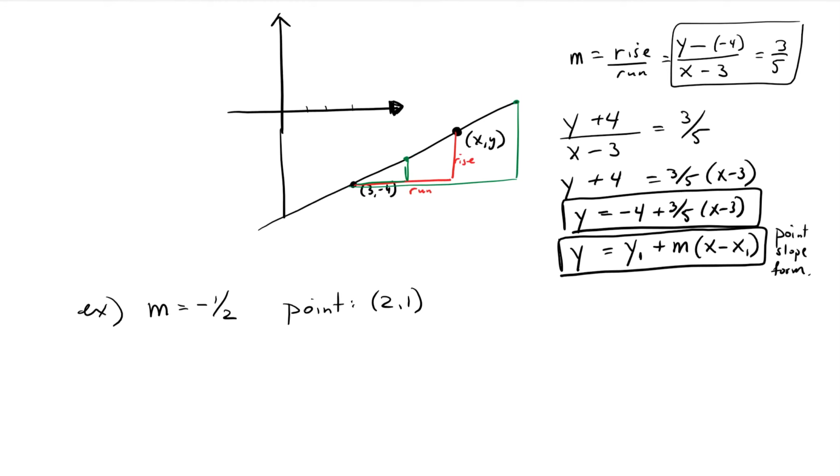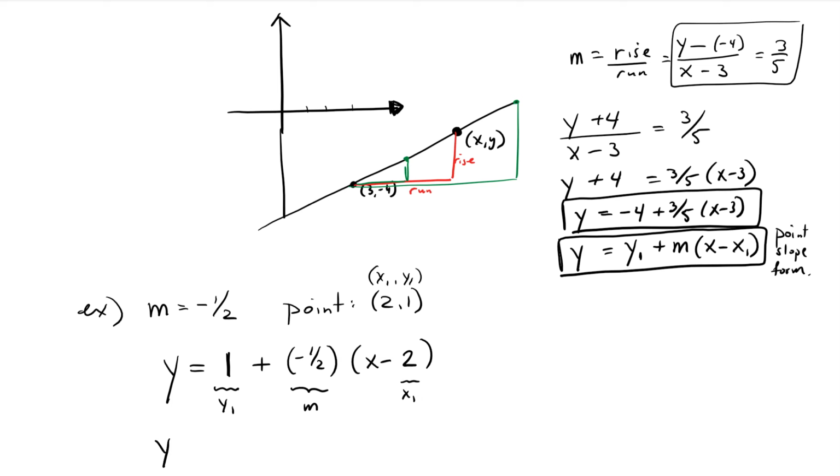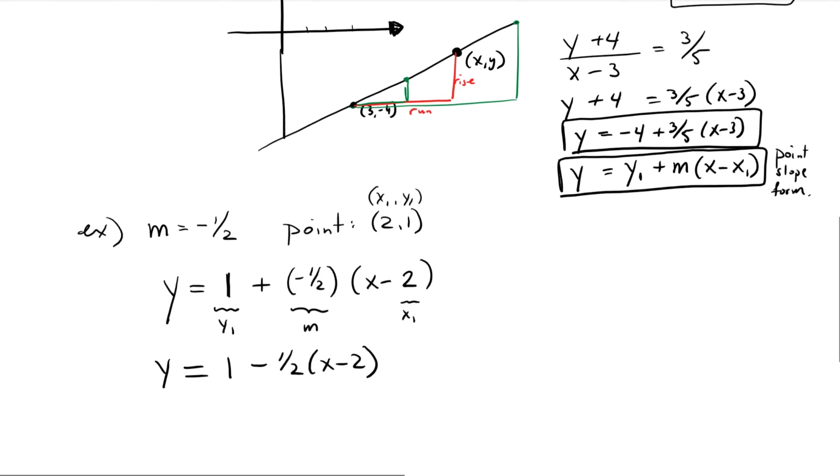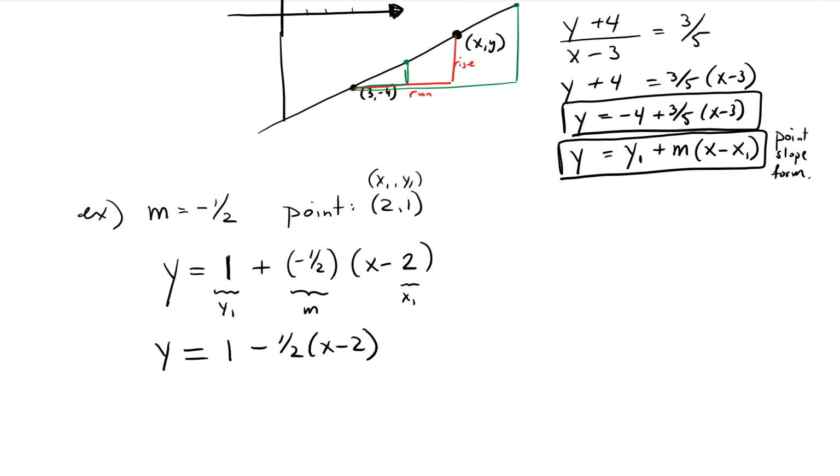The equation of my line is essentially y is equal to the y coordinate of my point, so that's y1, as in this is (x1, y1), plus the slope times x minus the x coordinate of my point. So this is going to be 1 minus 1/2 times x minus 2, and that's our line in point slope form.